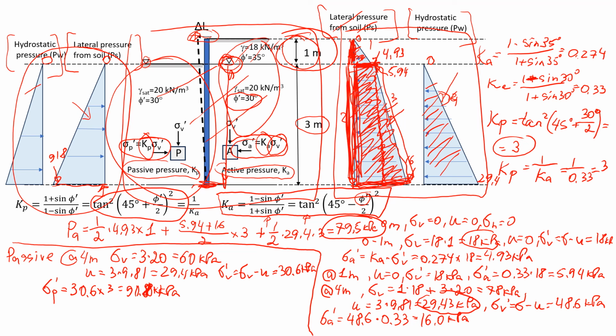So the pore pressure, we already found that this will be 29.4 kPa, right? So now finally we're going to estimate the total passive pressure. We'll start with the lateral pressure from the soil. So this is half of this lateral passive pressure times the length that this pressure is applied on the wall, which is 3 meters.